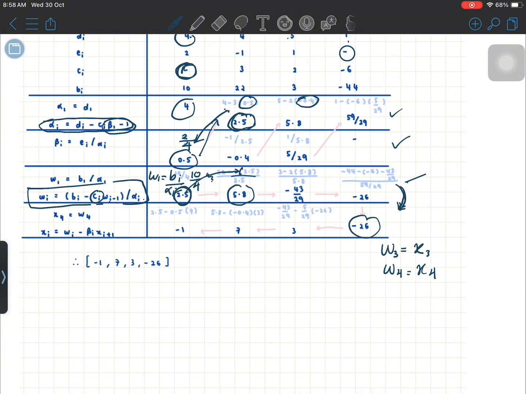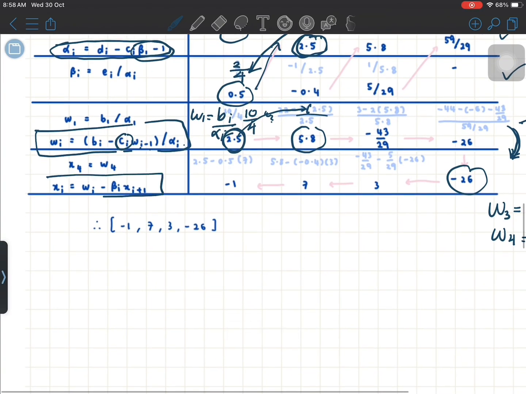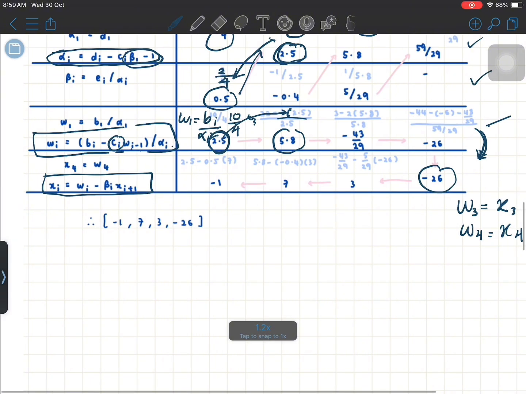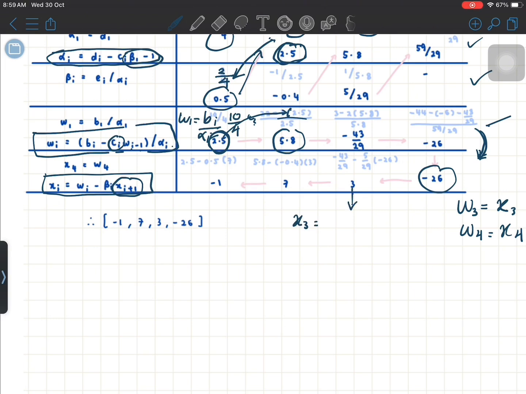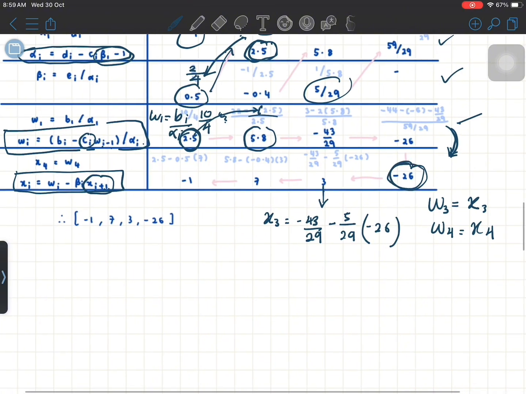In this part, we will start using the method of backward substitution. For the formula of x, we have this given formula. Why do we use backward substitution? Because here we have to use the bigger iteration of x. So for example for x3, we find the value using this formula: w3 equals negative 43 over 29, minus beta 3, which is 5 over 29, times negative 26, which is x of iteration plus 1, which is 3 plus 1 equals 4, and this is our x4.